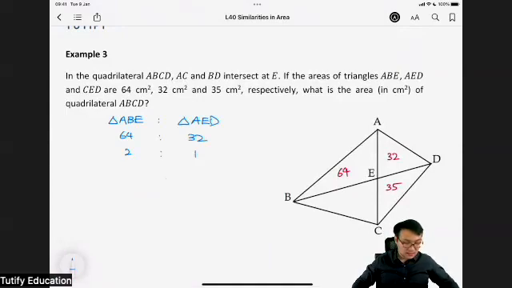So immediately, since we know that the ratio is 2:1, that means the ratio of the base is also 2:1. Any questions so far? The base is also 2:1, same as the ratio of the area, because they have the same height.